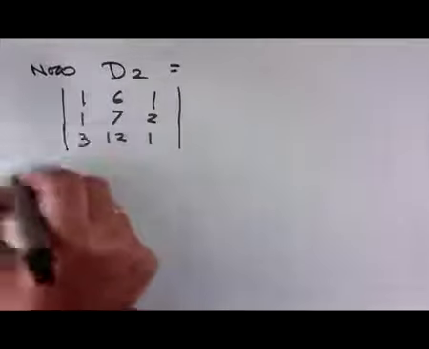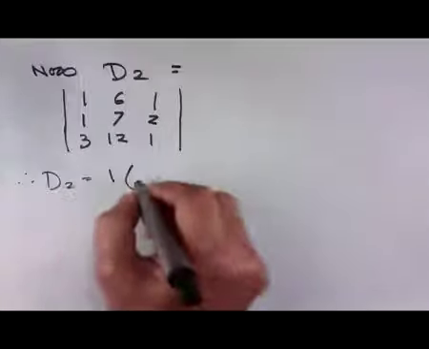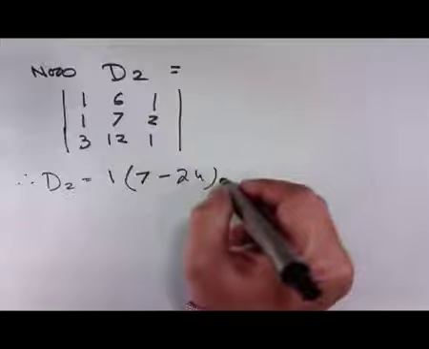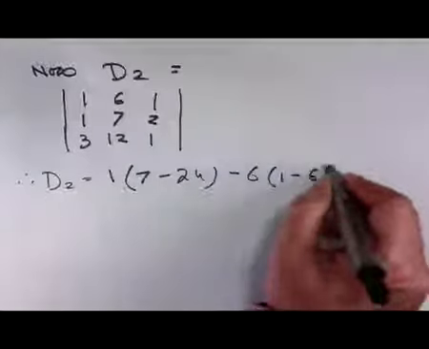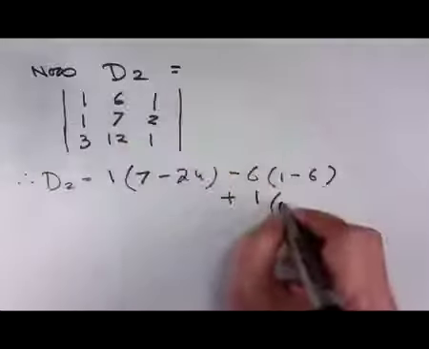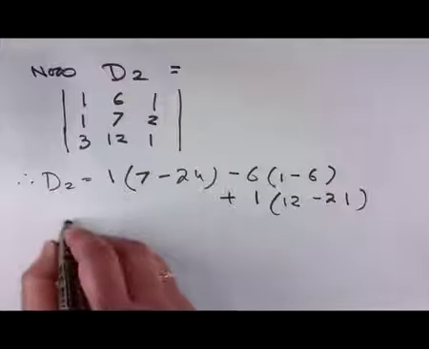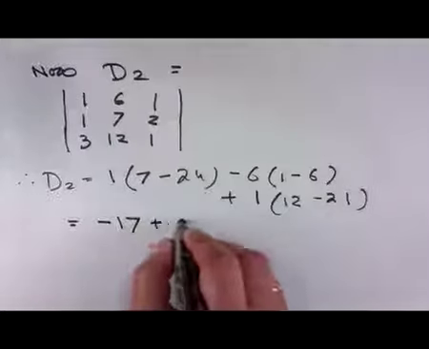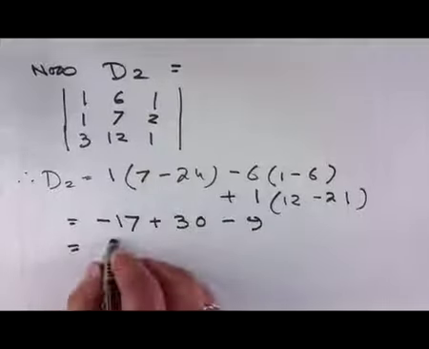Therefore, its determinant is 1 into 7 minus 24, minus 6 into 1 minus 6, plus 1 into 12 minus 21, is equal to minus 17 plus 30 minus 9, is equal to 4.